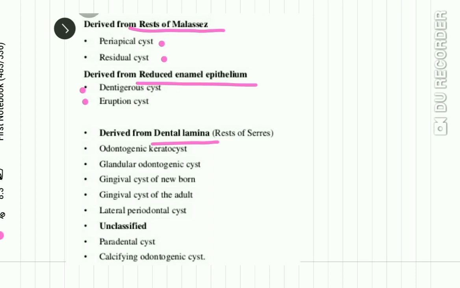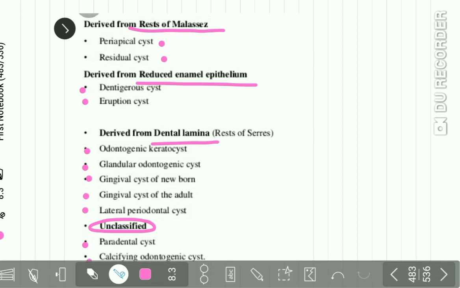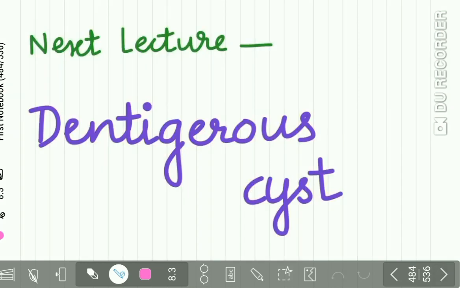The cysts derived from the dental lamina include odontogenic keratocyst, glandular odontogenic cyst, gingival cyst of newborn, gingival cyst of adults, and the lateral periodontal cyst. Now also there is one group that is unclassified, which includes paradental cyst and the calcifying odontogenic cyst. So this is the classification dependent upon the tissue of origin.